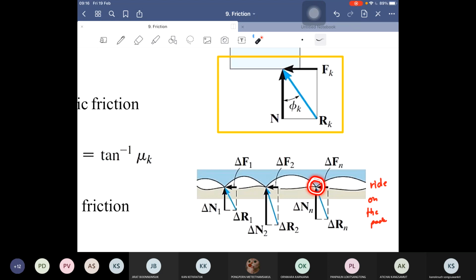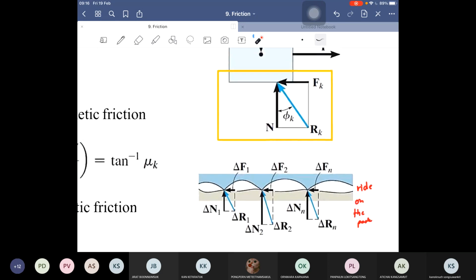Okay, when it lies on this peak, it means that the contacting surface between these two surfaces is reduced.